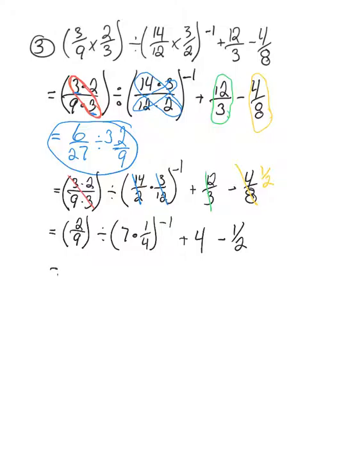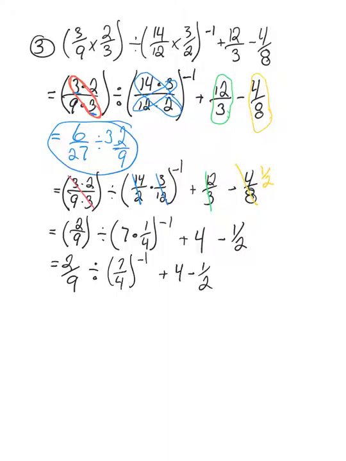So now we just have to clean things up. We have 2/9 divided by 7/4 inverse plus 4 minus 1/2.